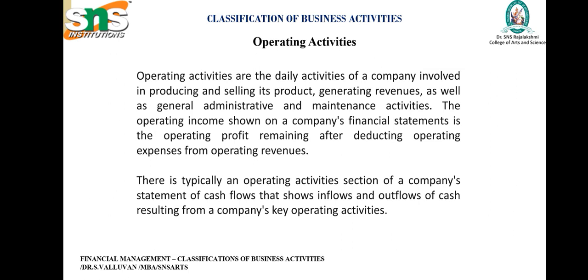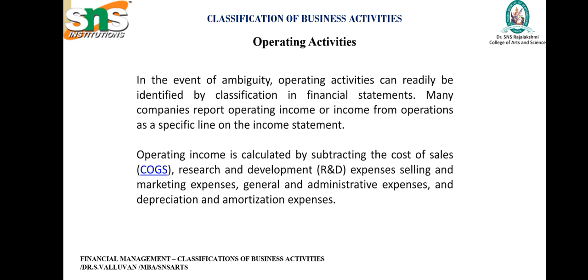The operating income shown on a company's financial statement is the operating profit remaining after deducting operating expenses from operating revenues. There is typically an operating activities section of a company's statement of cash flows that shows inflows and outflows of cash resulting from a company's key operating activities. In the event of ambiguity, operating activities can readily be identified by classification in the financial statements.